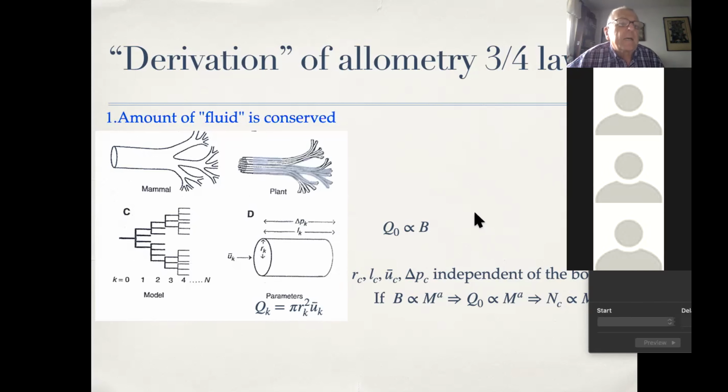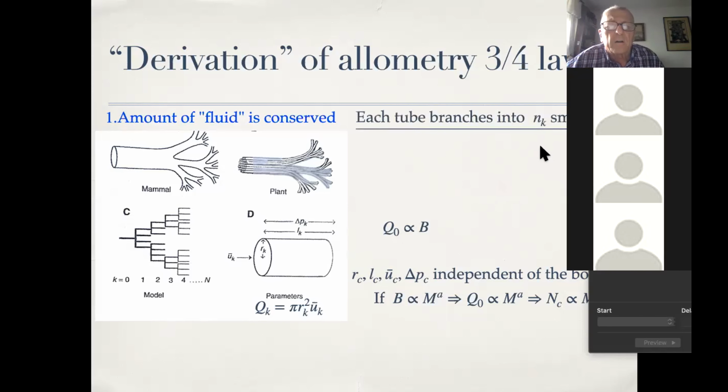So I build up the model, and now I will systematically use a certain fundamental assumption. The first is that the amount of fluid is conserved. Whatever comes into the zero order layer of our network goes on there and it's not lost.